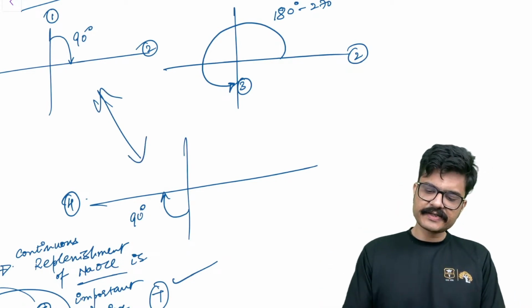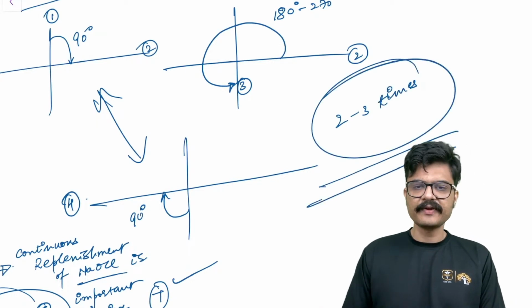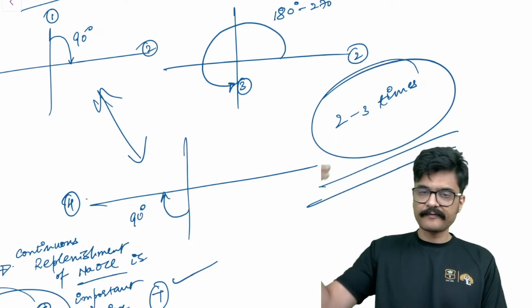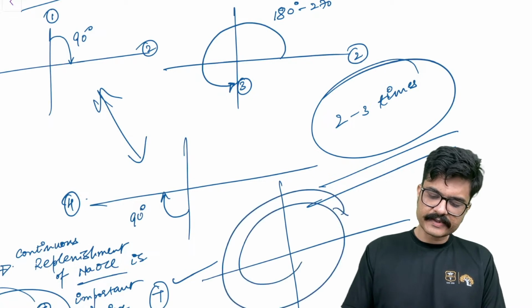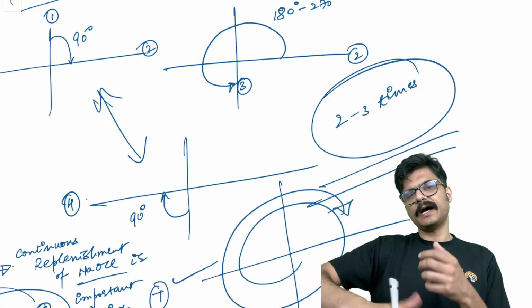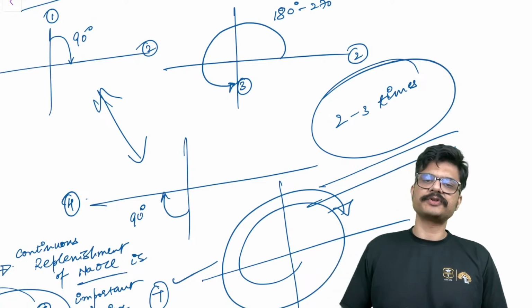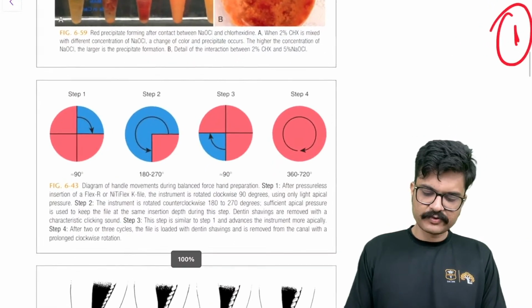And then I repeat this 2 to 3 times, and then finally I take out my file by sustained clockwise motion. By continuously giving the file a clockwise motion, I take out my file. Now the image-based question that comes with the balanced force technique is this.